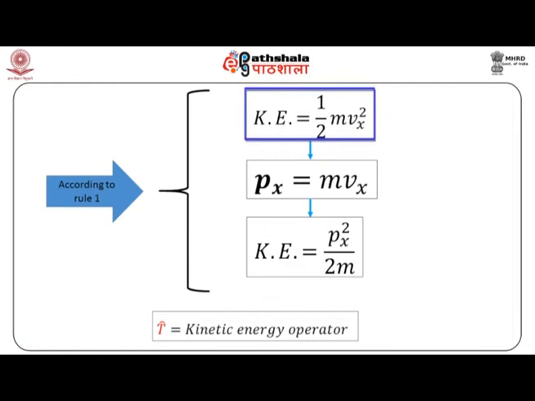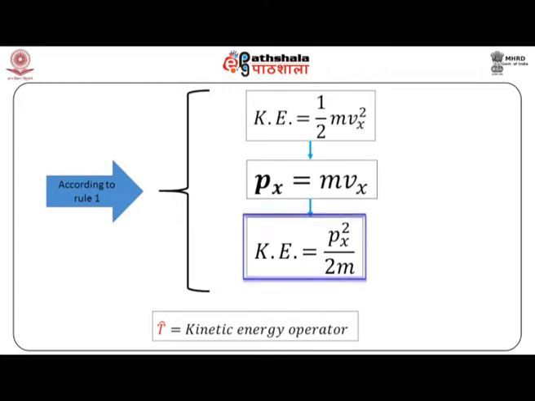The classical expression would be half m vx square, where vx is the velocity along the x direction. Now this expression can also be written in terms of linear momentum, and it becomes kinetic energy equal to px square by 2m. So this is the classical expression.